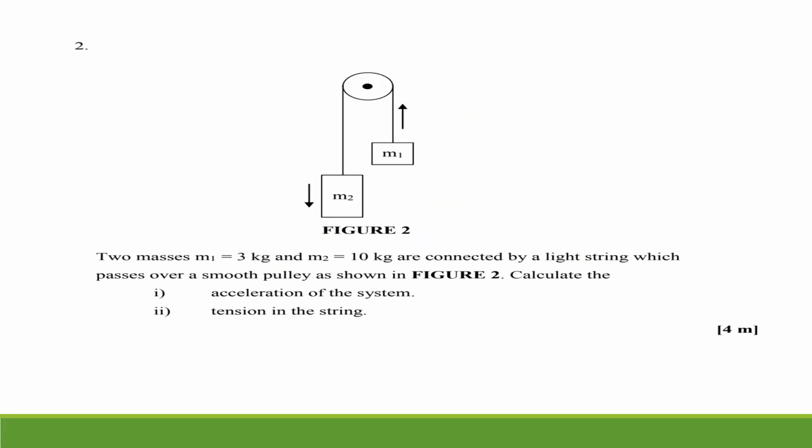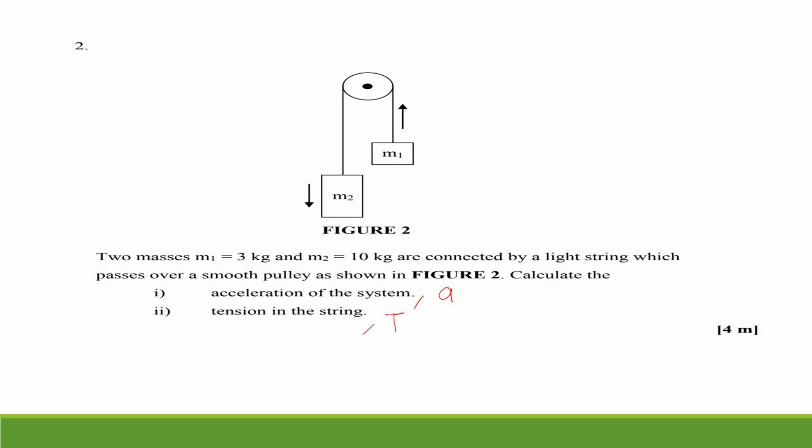Okay, for question 2, two masses, M1 is 3 kg, the motion is upward, and M2 is equal to 10 kg, the motion is downward. They are connected by a light string, the same string, which passes over a smooth pulley as shown in figure 2. First, calculate the acceleration of the system. Second, the tension in the string.